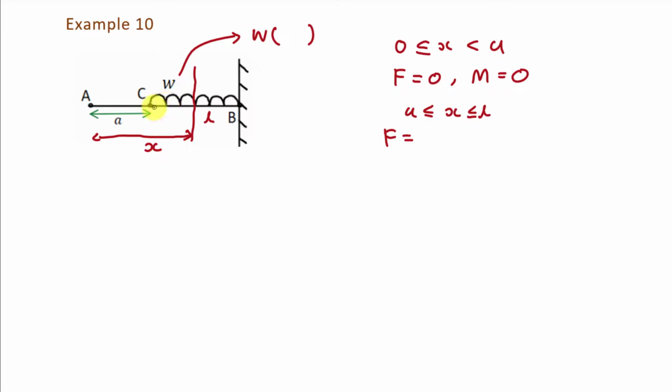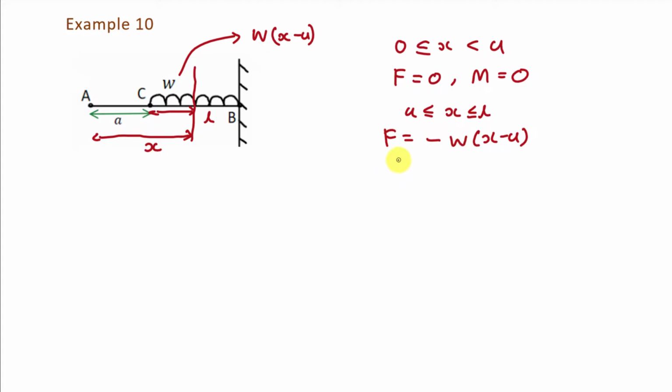Here, what is the distance over which the uniform distributed load is applied on the left side of this section? This distance is x minus a, and the load is in the downward direction. So our final shear force will be negative W times (x minus a).